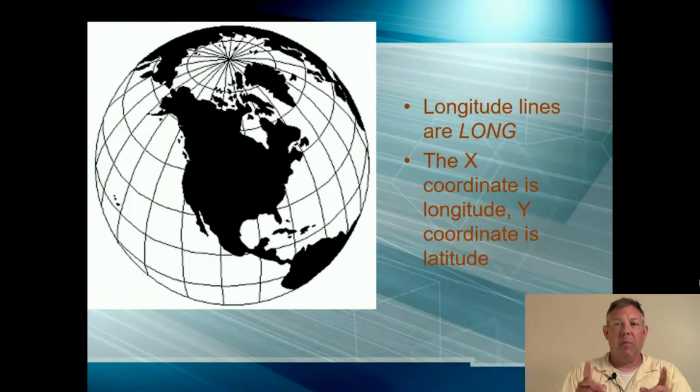Okay? And this will become important later on when we work in the GIS, because we'll have to display XY coordinates, and we'll have to tell the software which one is the X coordinate and which one is the Y coordinate. So you need to commit this to memory, or more importantly, if you understand latitude, longitude, you should be able to figure out that longitude is always the X coordinate, latitude is always the Y coordinate.